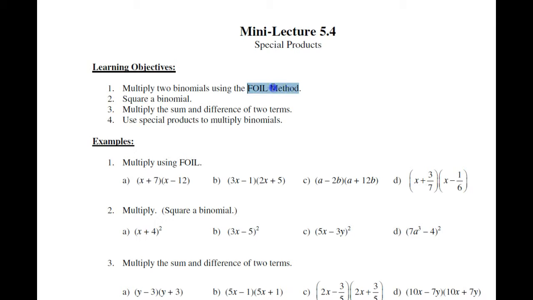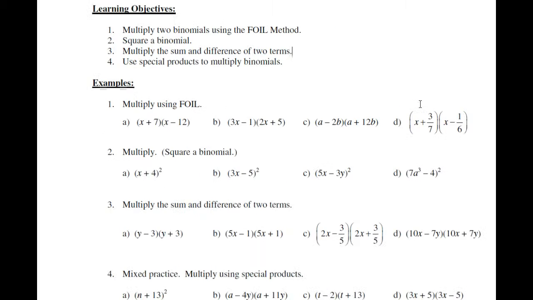The first one we'll look at is the FOIL method. Then we're going to square a binomial, and then we're going to multiply the sum and difference of two terms. And then we're going to use special products to multiply binomials. So there's a little background.